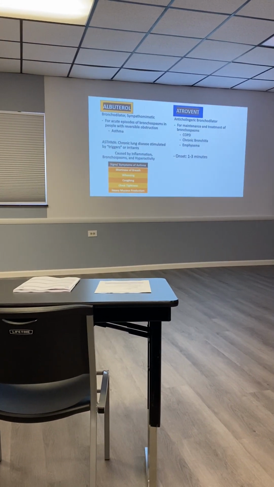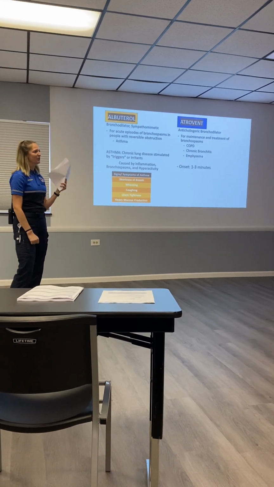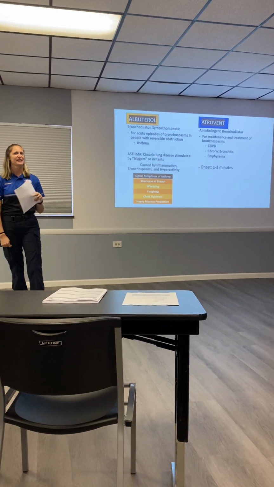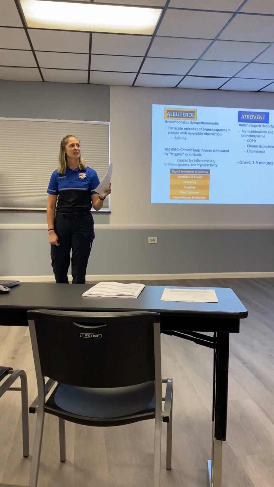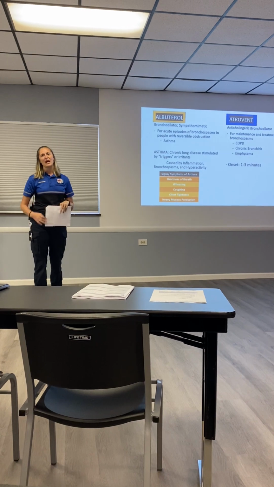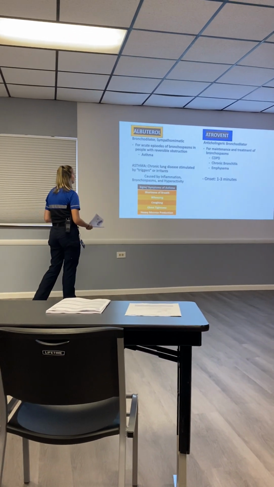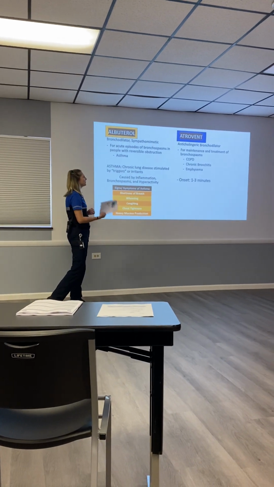So, this is our last slide, and then we'll break off. I think it was brought up at the last advisory group meeting about breathing treatments and DuoNebs and our possible overuse of them. So, just wanted to review the differences of when we use albuterol and Atrovent.